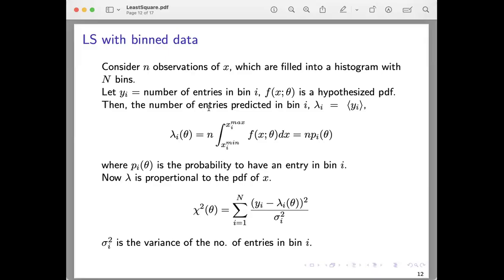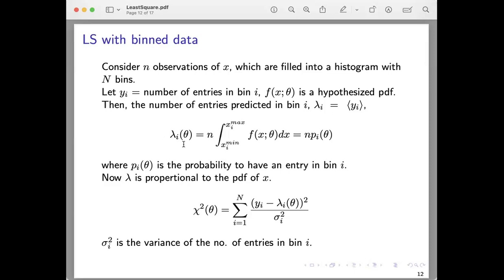Then the number of entries in bin i, lambda_i, will be the expectation value of the y_i's.